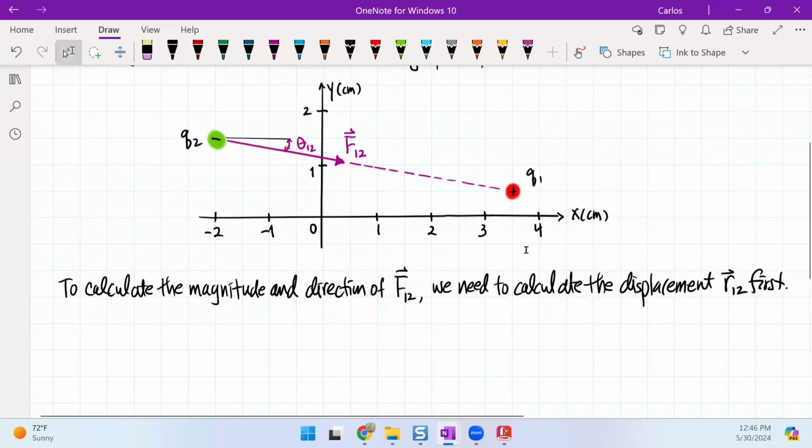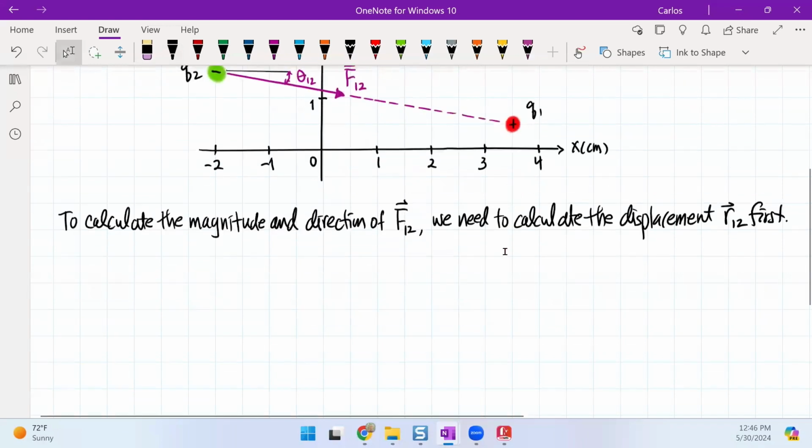So let's look at the displacement vector. According to what they told us in the question, we want to plot those vectors.